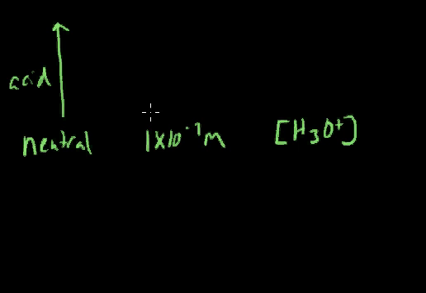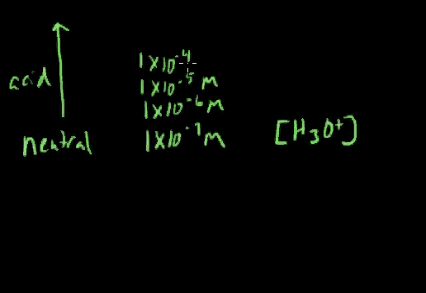So as we add more acid, eventually we'll get to a concentration of hydronium of 1 times 10 to the negative 6 molar, and then 1 times 10 to the negative 5 molar, and then 1 times 10 to the negative 4 molar, etc., until we eventually get to 1 times 10 to the 0 molar, which is just 1 molar. And as we continue increasing acid, you'll notice that our exponents go from negative 7 to negative 6 to negative 5 to negative 4, all the way down to 0.